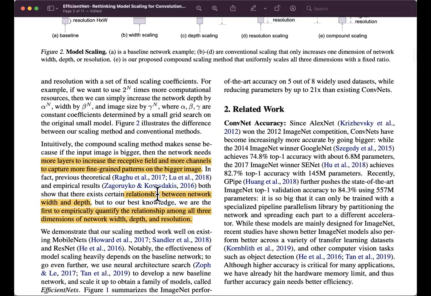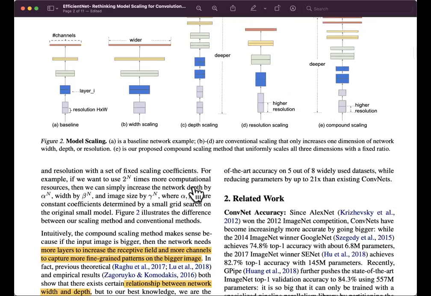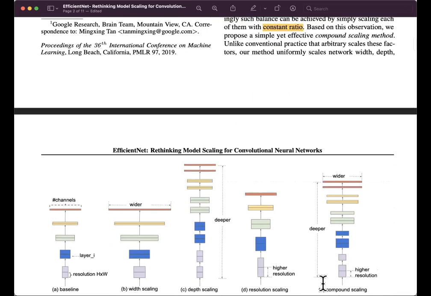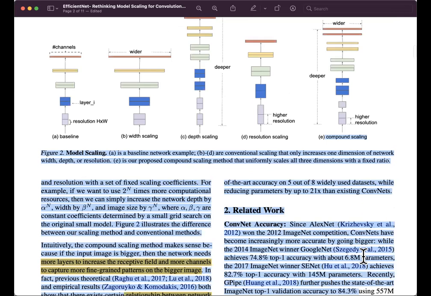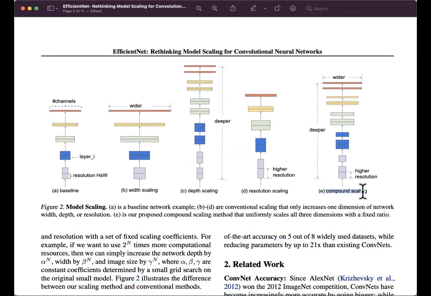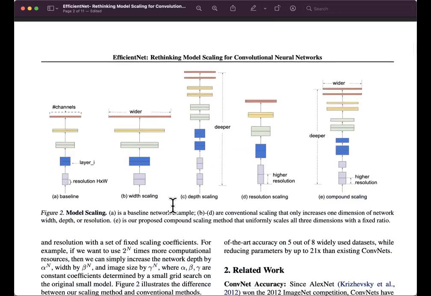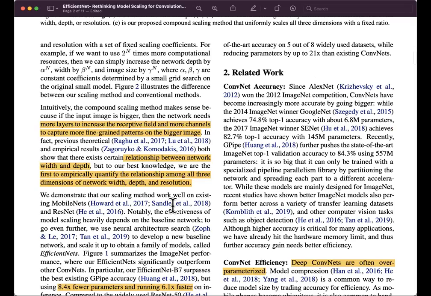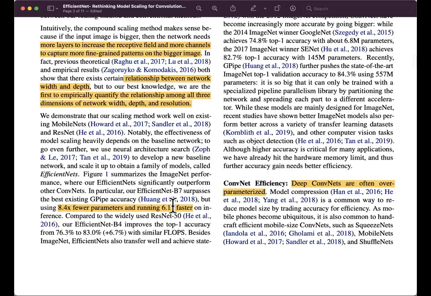Why is compound scaling better compared to B, C, and D? There are some observations here.